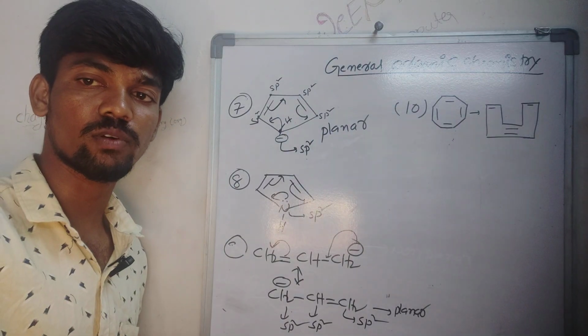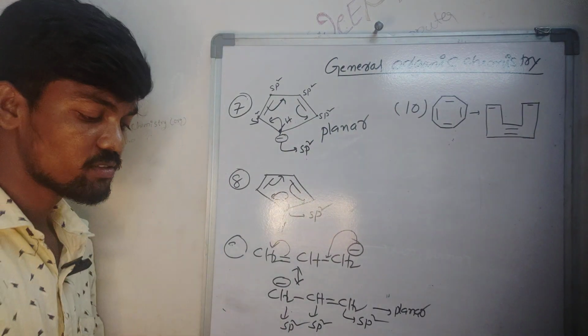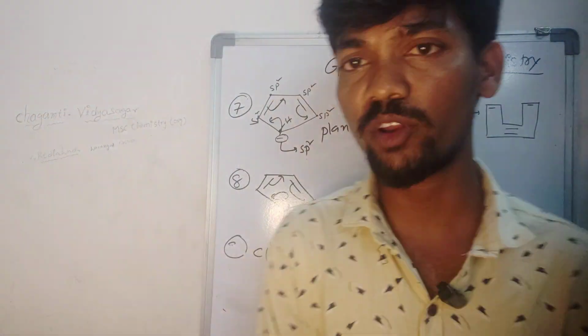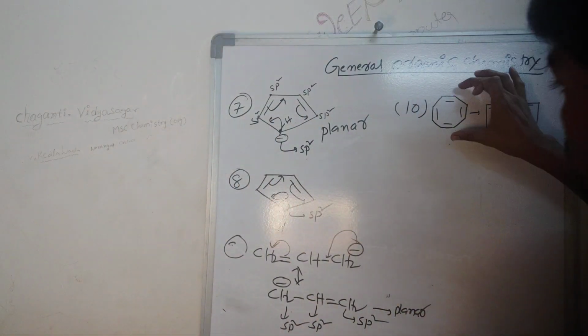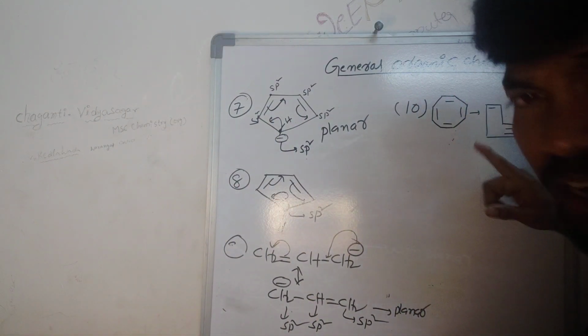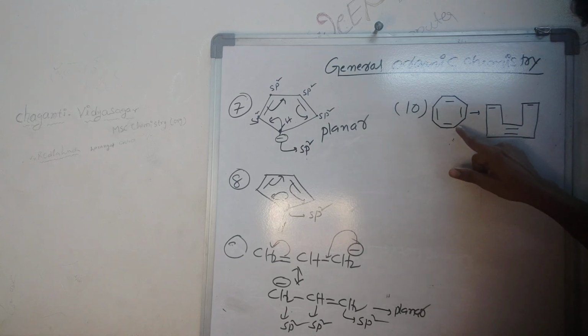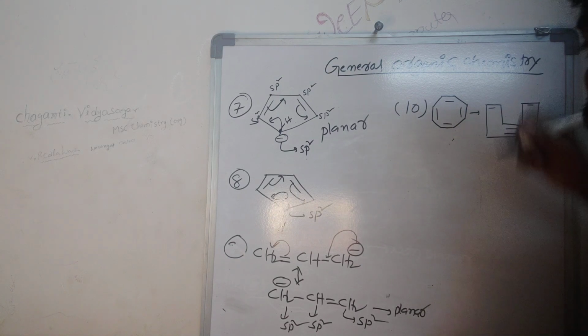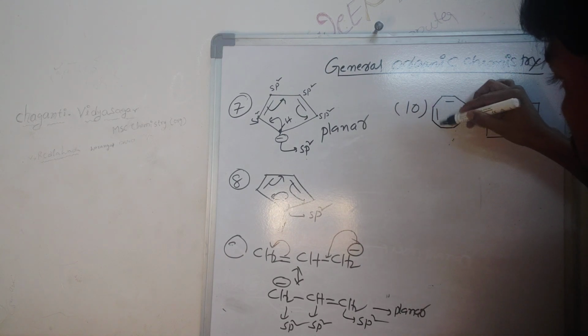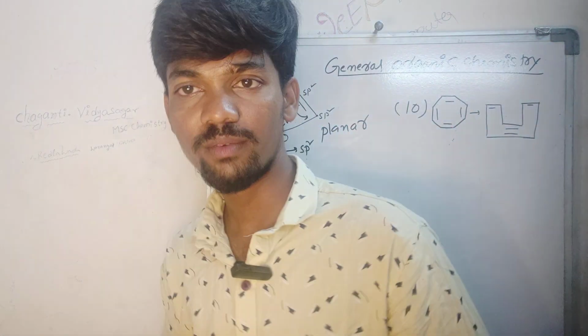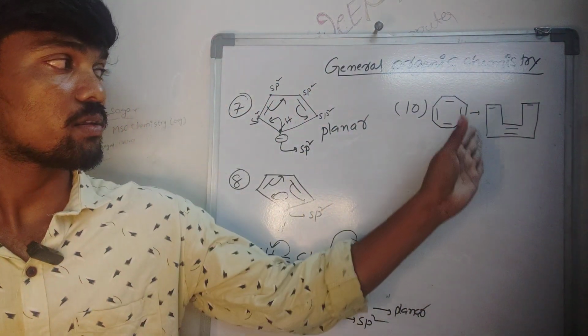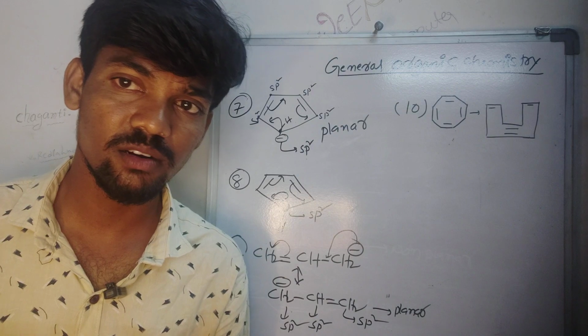So we will go through the next one. Next, coming to this, guys. Very very important for this one. So what is this? How many carbons are there? Count them. 1 2 3 4 5 6 7 8. So this is called, how many enes are there?